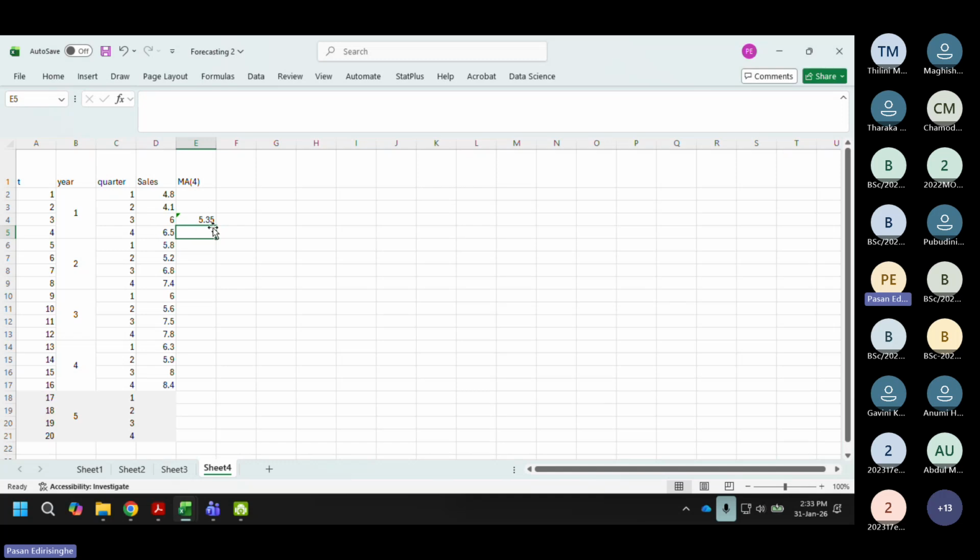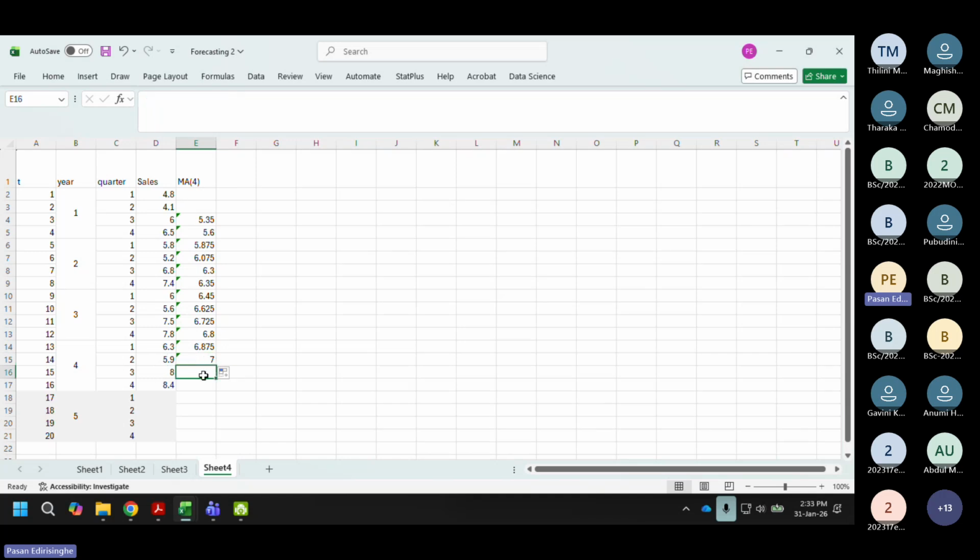So I just put it over there, and then I can keep on adding this until here. That means this is indicating the average of 13 to 16. So we have the averages of all these.